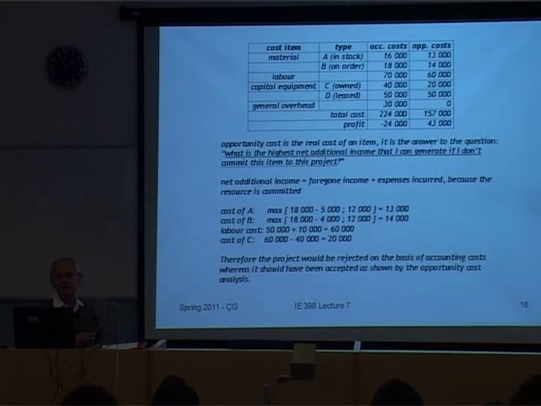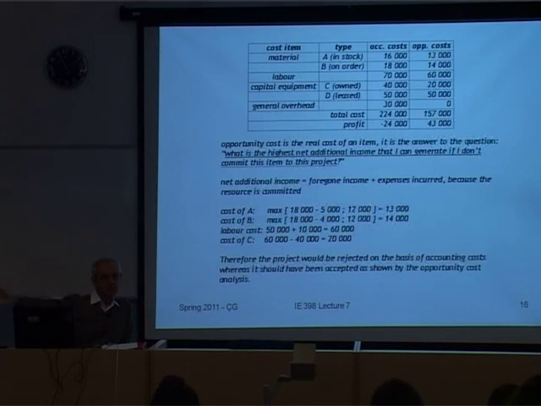So let's go back to the cost of A. The cost of A, as you can see, I have included all the calculations here, is the maximum of 18,000 minus 5,000 and 12,000. Why? Well, we are given the information that if I do not use A, then I can sell it for 12,000, or I can refine it and use it somewhere else.